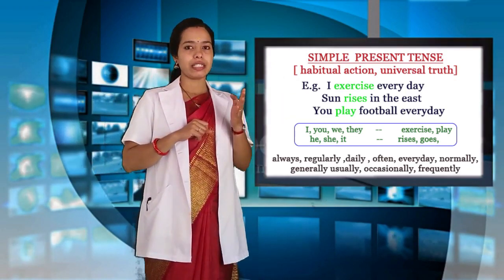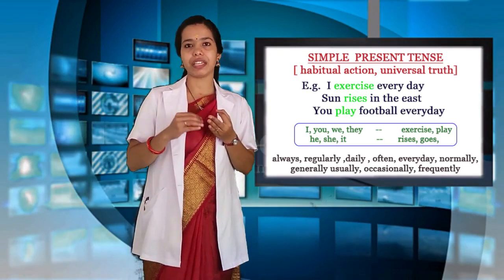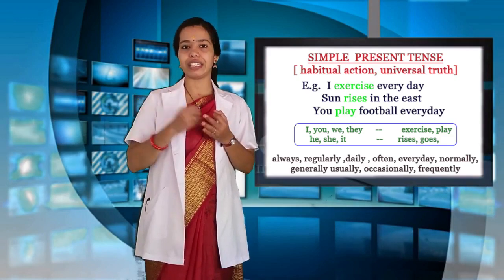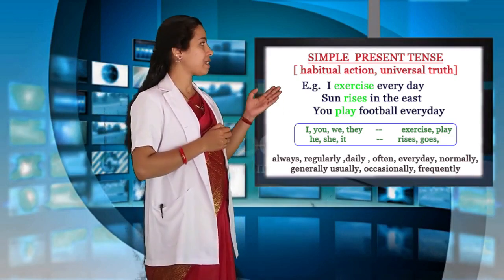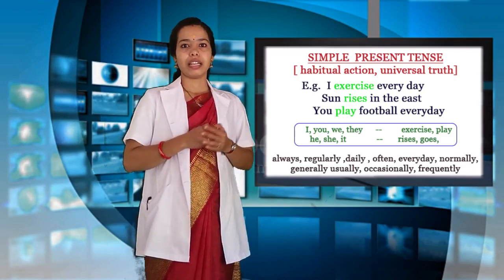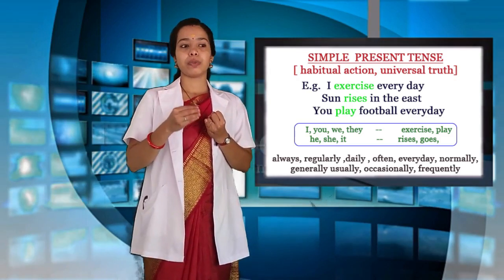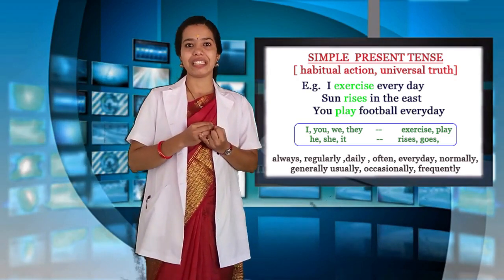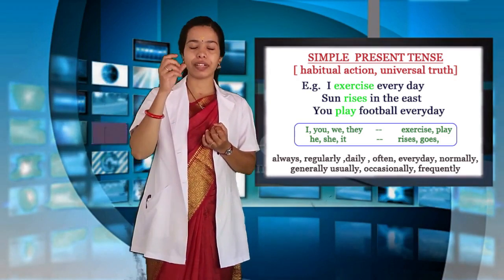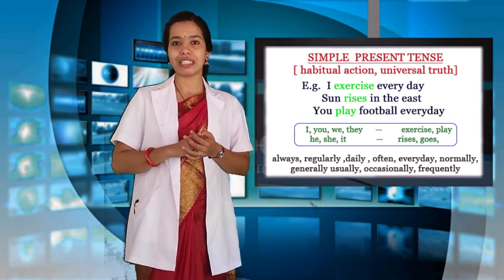And if the sentence starts with the pronouns he, she, it, then we have to add s or es to the verb, just like sun rises in the east. And most of the sentences which are to be used in simple present tense, you have to find the keyword, and most of the sentences will carry one such keyword.